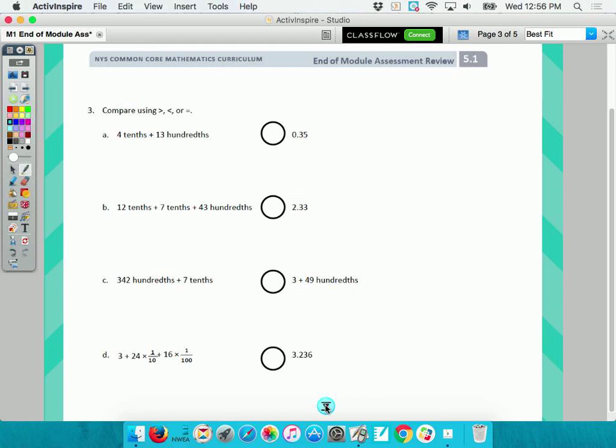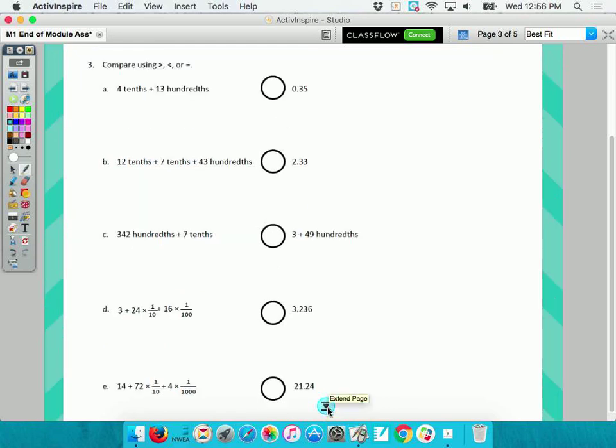Yeah. So standard form means to take it from unit form and just write the digits, okay? So what would I write down here? 0.4. Good. So 4 tenths plus 13 hundredths. Now who remembers the best way to add these up? Okay, you're close.